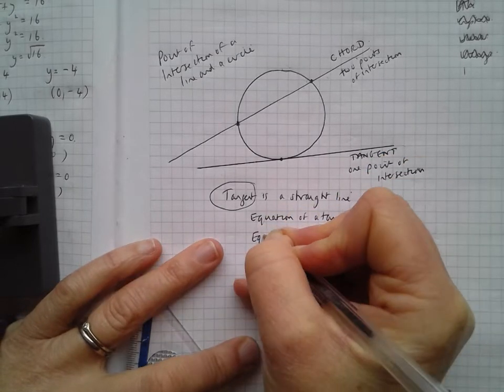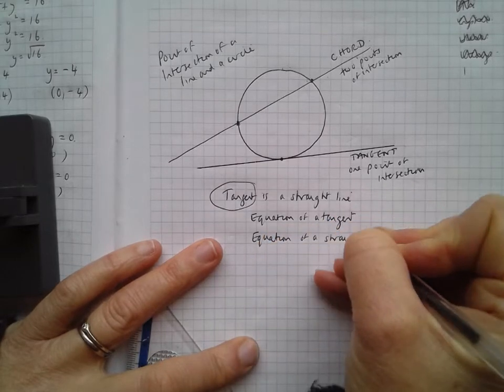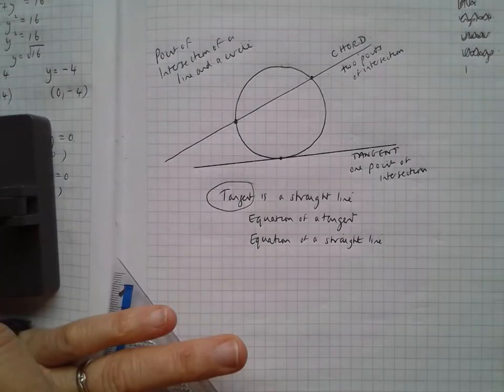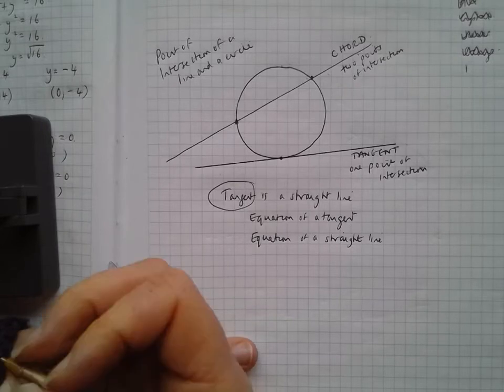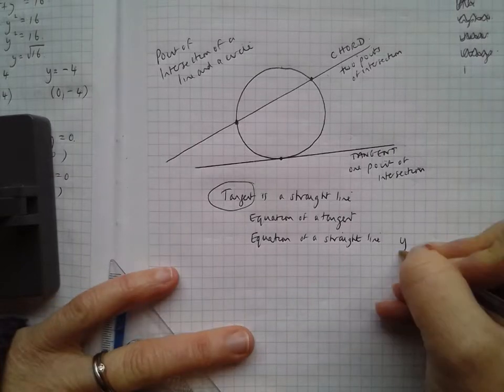Now, rack your brain for a moment and think back to coordinate geometry of the line. When we had to find the equation of a straight line, we had a formula for that: y minus y1 is equal to m times x minus x1.